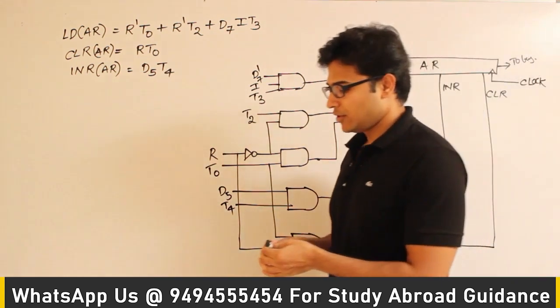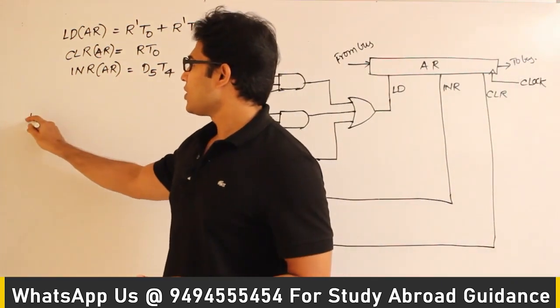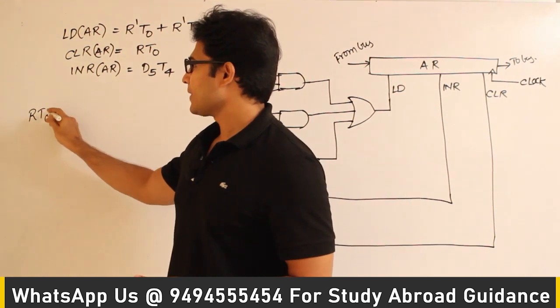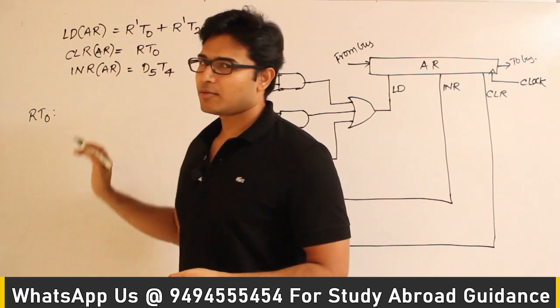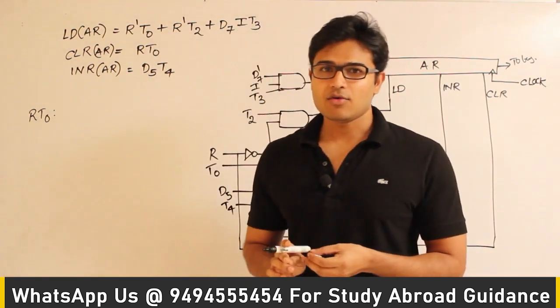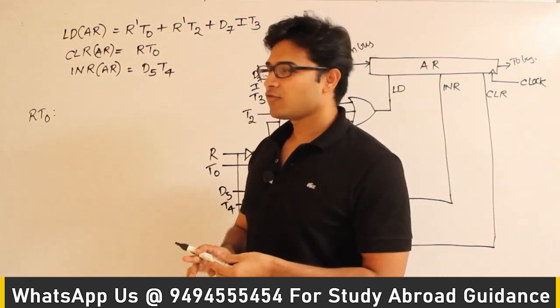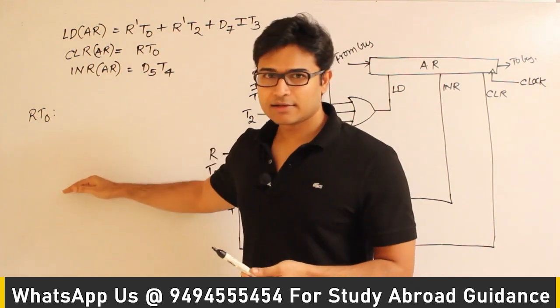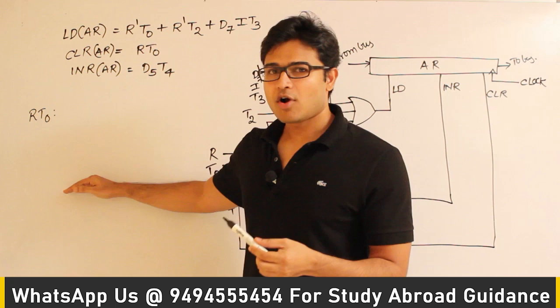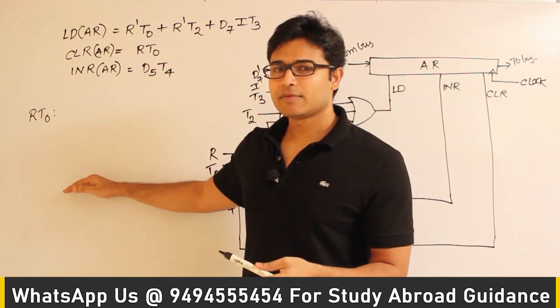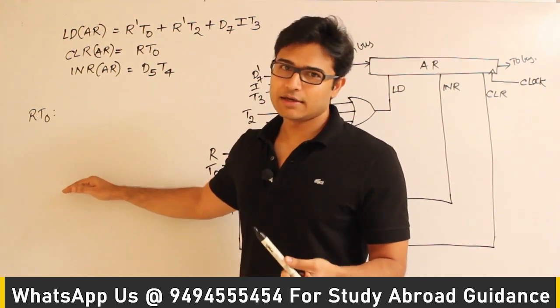Like if the condition is RT0, then we do so and so, and we perform some operations there. Now, using this entire list of micro operations that I have written here, we are going to derive what the inputs to the control inputs of all the devices should be.